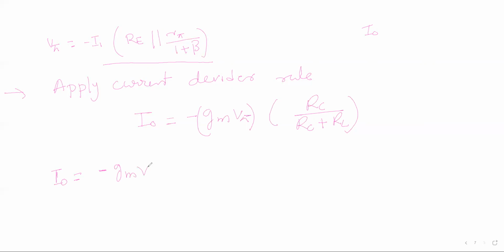Minus gm Ii with parallel Re and R pi upon 1 plus beta, and this value Rc upon Rc plus RL.